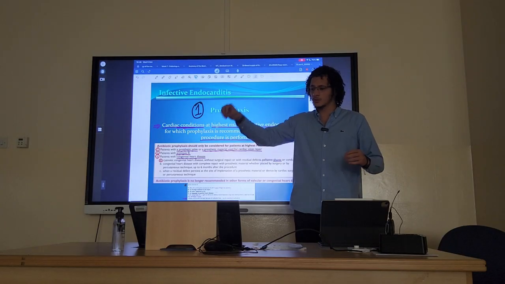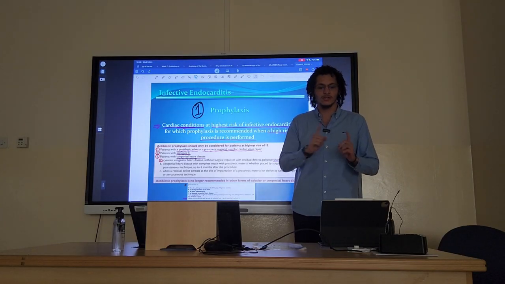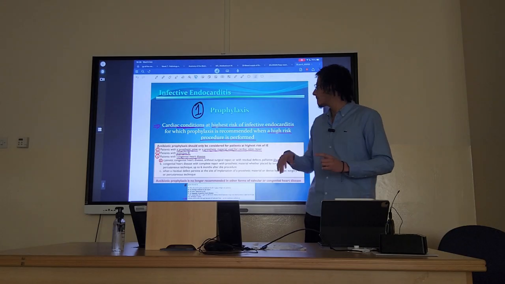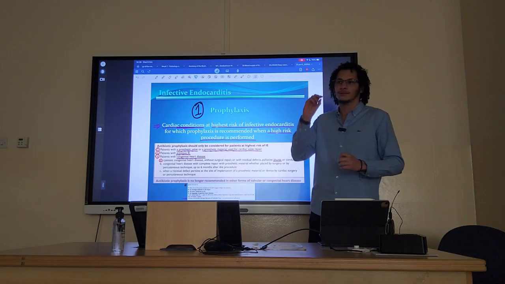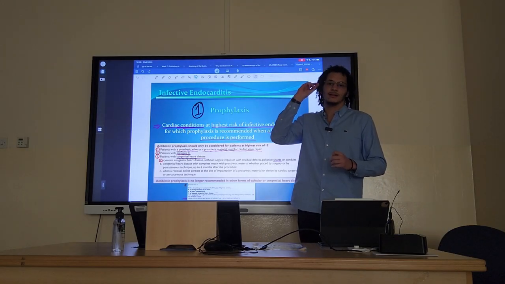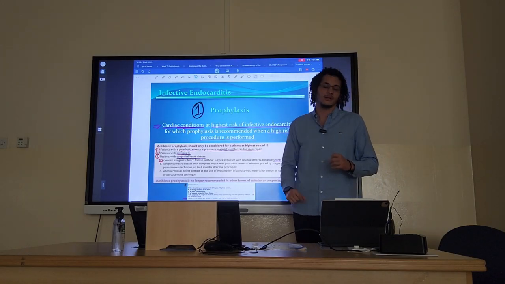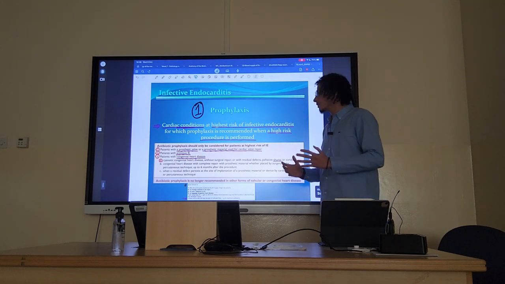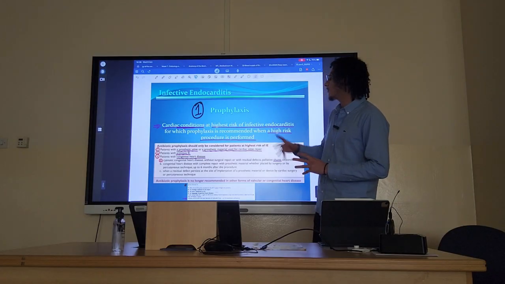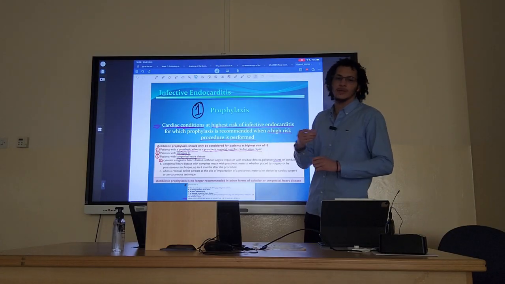As soon as we get the laboratory tests, we would switch to the third thing, which is going to be definitive treatment. So we'll give them the treatment for this specific microorganism.